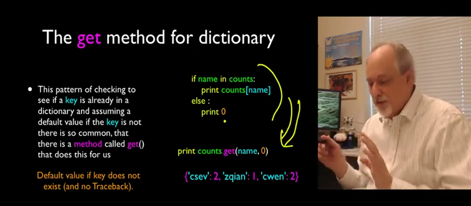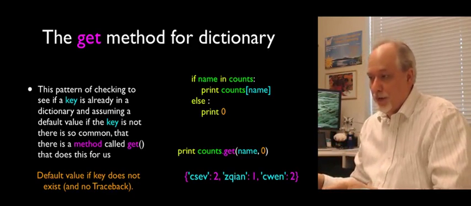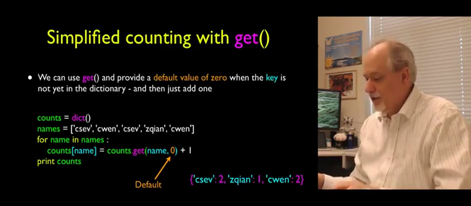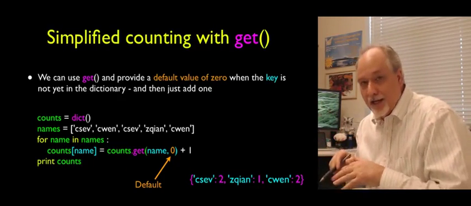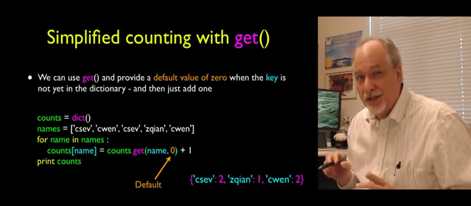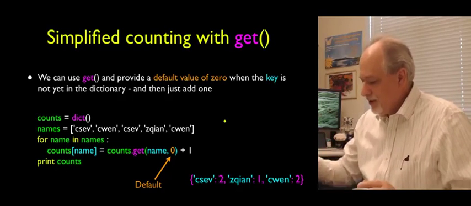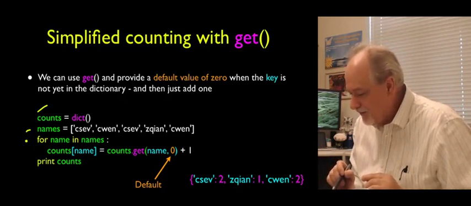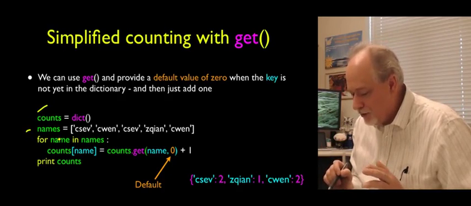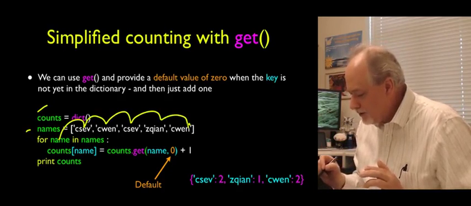Now, we can reconstruct that loop a lot easier and a lot more cleanly using this idiom, right? It's something that looks kind of complex, but you'll get used to it really fast. So everything here is the same. We create an empty dictionary. We have 5 names to go through. We're going to write a for loop, and it's going to go through each of those.